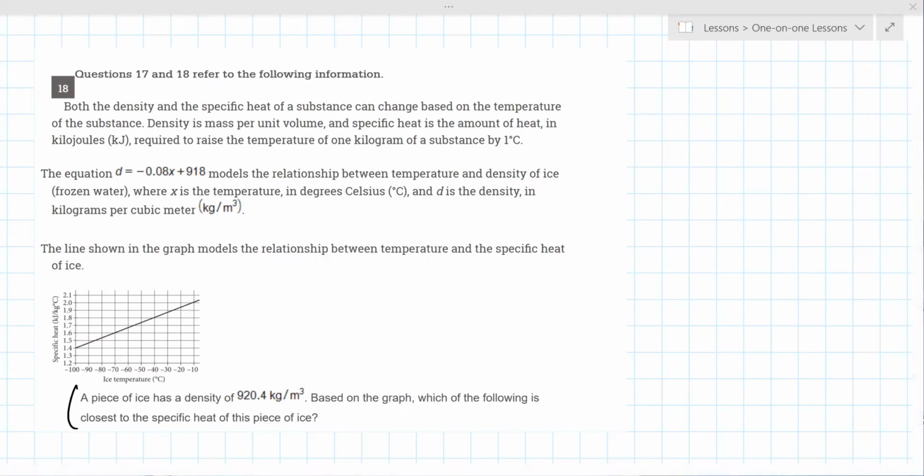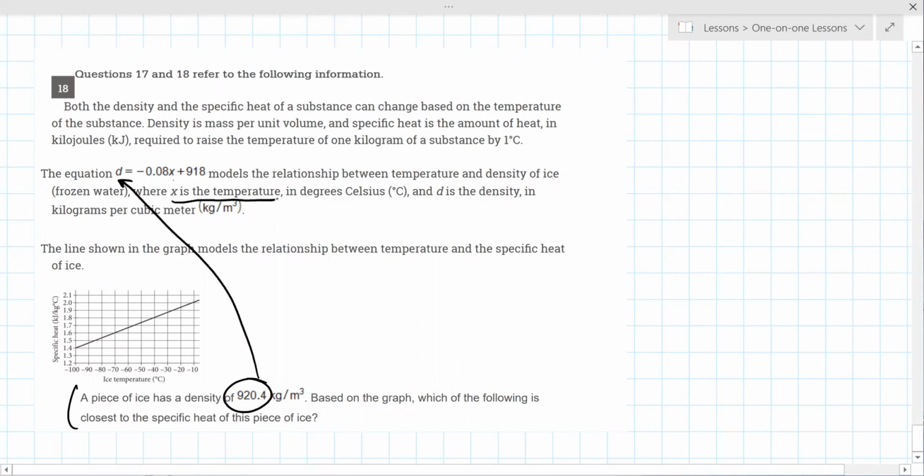Do you see 920.4 on this graph? No, but there's an equation where the density is used up here. If you put this number into this equation, what is x? Temperature. If you get temperature, can you get out specific heat? Yeah. So the path here is D gives you x, and then use the graph to get specific heat.